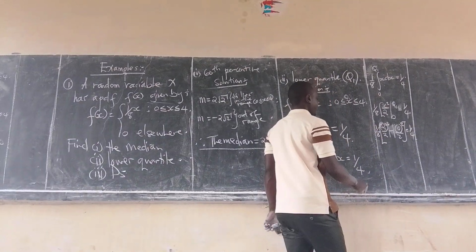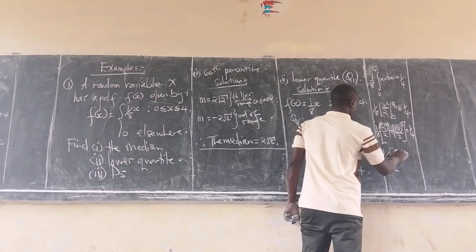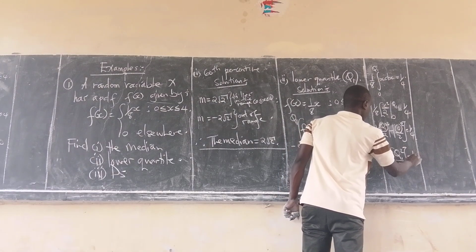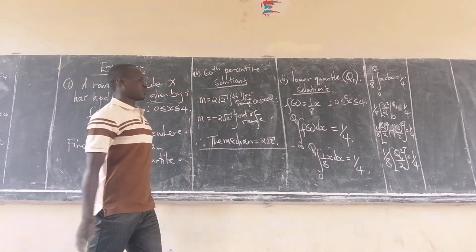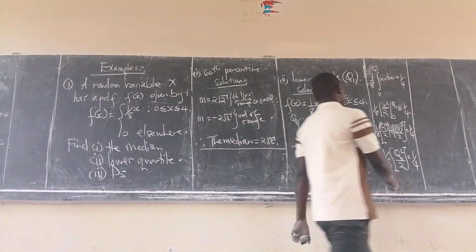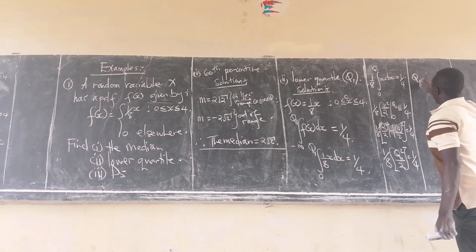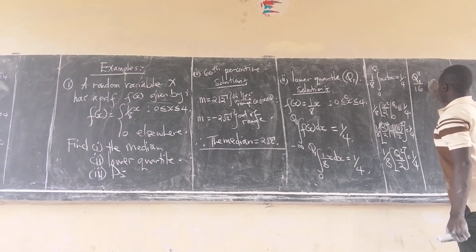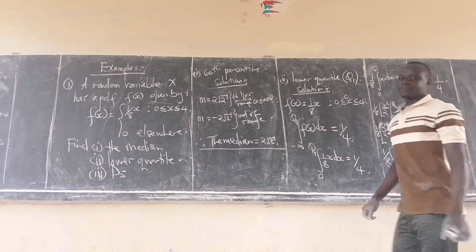So we shall have 1 over 8 times Q1 squared over 2, and all that is equal to a quarter, because 0 squared over 2 is 0. So we shall have 1 times Q1 squared, which is Q1 squared, and 8 times 2, which is 16, and all that is a quarter.